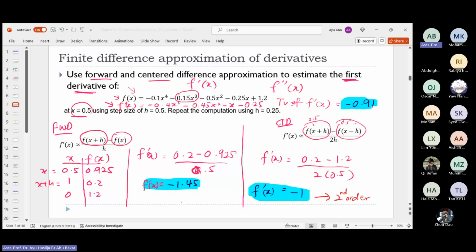Okay, try to repeat using a step size of h equals 0.25. You try on your own for forward and centered.